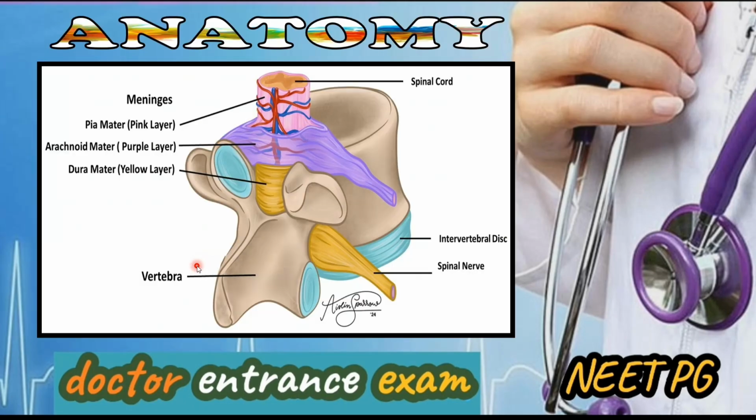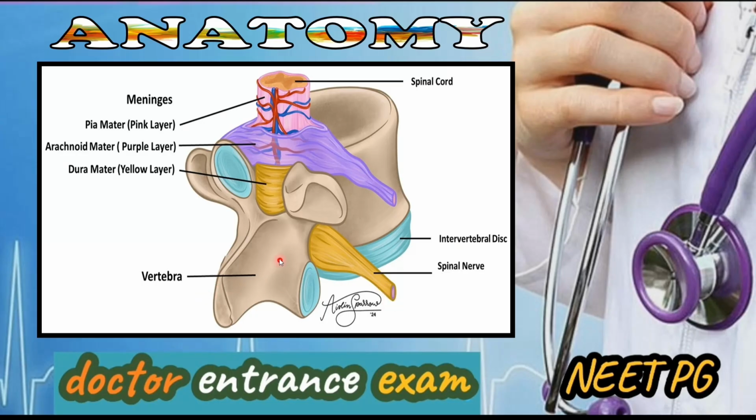Spinal cord. This is a picture of a spinal cord. We call it the meninges: pia mater, the pink layer. This is the pink layer. This is the purple layer. This is the yellow layer. We call them pia mater, arachnoid mater, and dura mater. This is the spinal cord, intervertebral disc, and this is the spinal nerve.